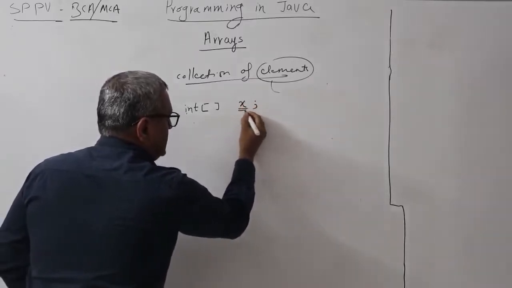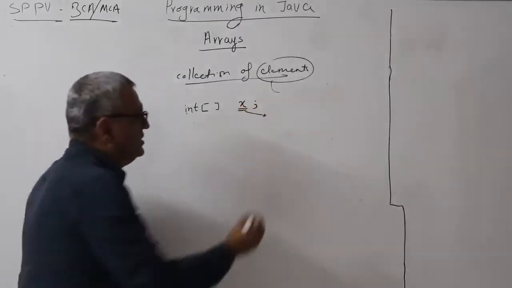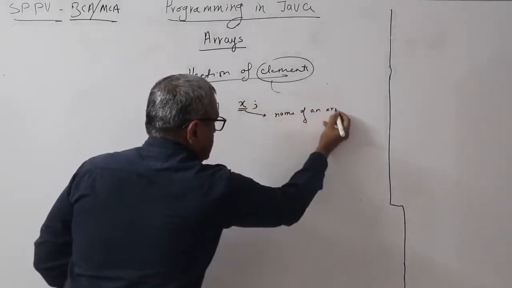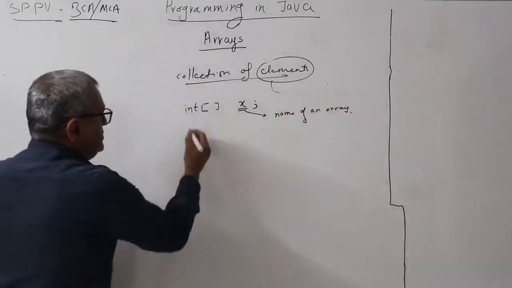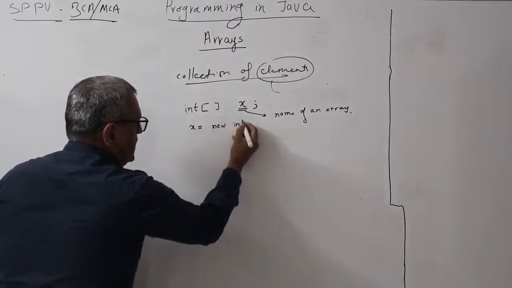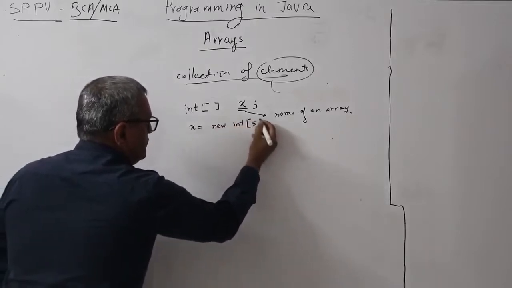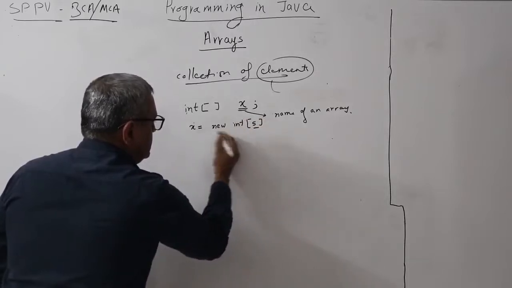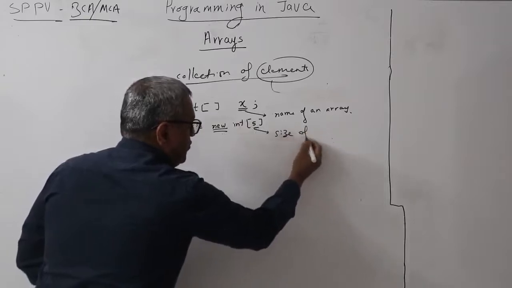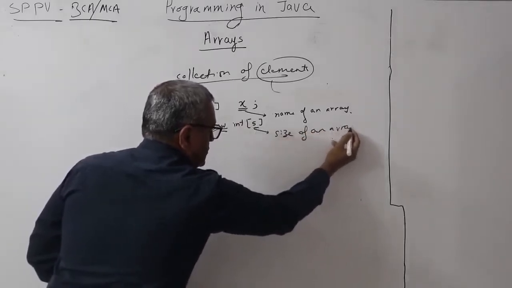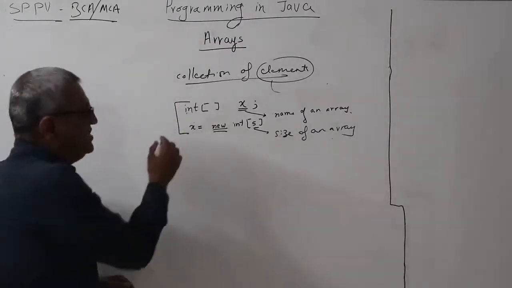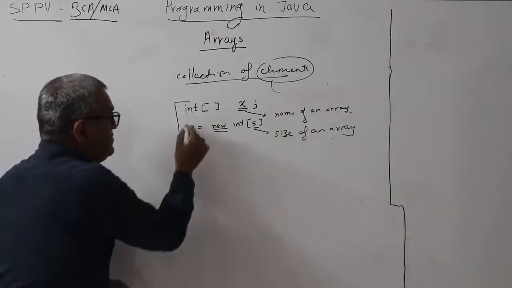This x is the name of the array. Then x equals new int 5. The keyword new decides the size of the array. So these two statements give me an array which has the name x.